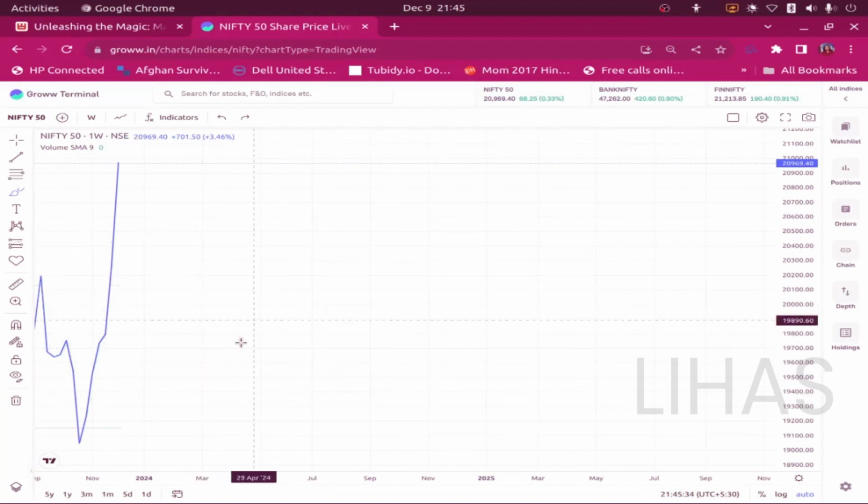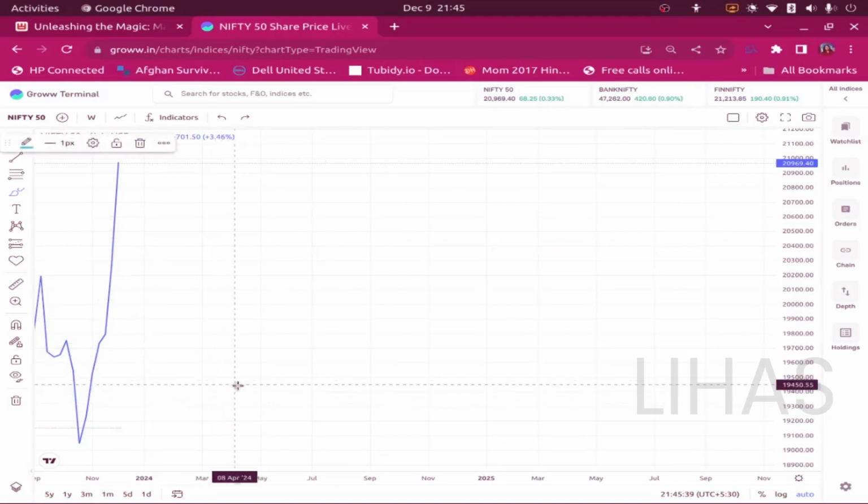In an uptrend, where the price is going upwards, suppose the trend is starting from here, so it has created a high. This is the low and this is the high. After that, the trend has created a higher high.